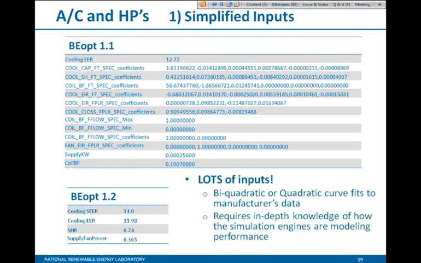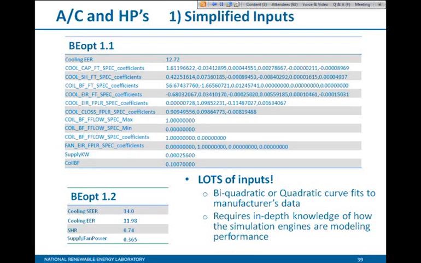And so if you want to model a particular manufacturer's air conditioner and a particular model of that air conditioner, you can put the properties directly into BEopt and have a model within BEopt for that particular air conditioner.